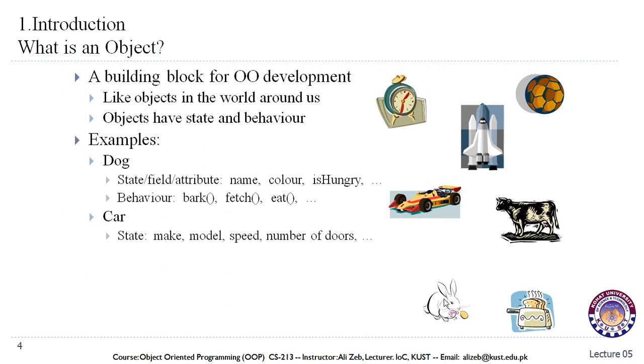Similarly, if we look at the car, the common attributes that can be associated with any car are the make and the model of the car, the speed of the car, the speed limit of that car, the number of tires that the car has, and there are many other attributes that are associated with the car. These are the minimum attributes that the car is supposed to have. And then obviously there are some behaviors or operations that are associated with the car.